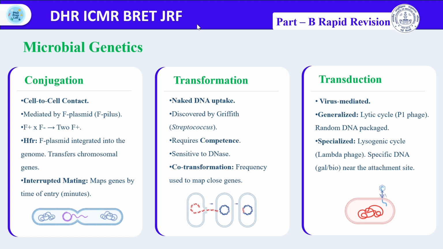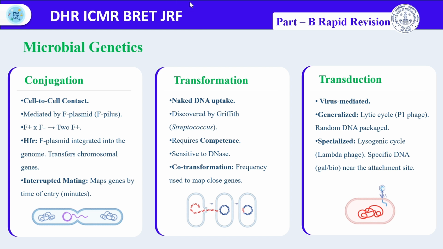This is the F plasmid, wherein you have an F plus cell and an F minus. So F plus is the donor and recipient is the F minus cell, and conjugation involves the formation of a sex pilus, which is basically the physical mode of transfer.